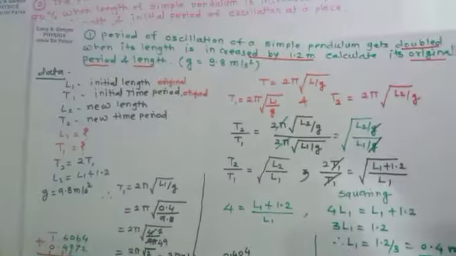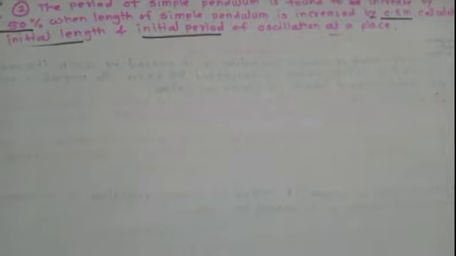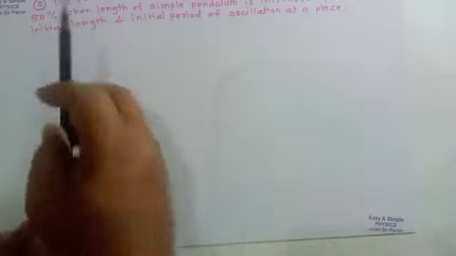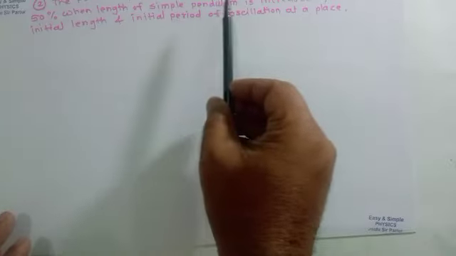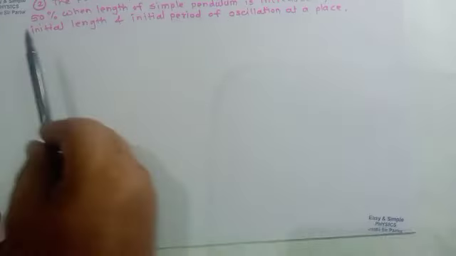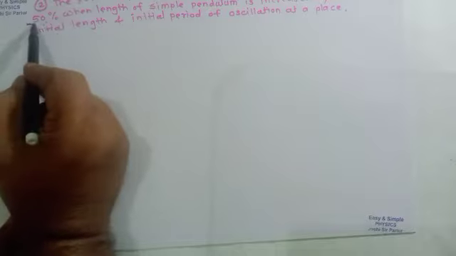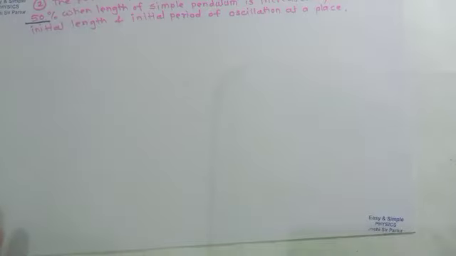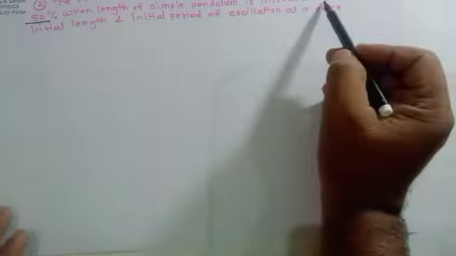Again we can solve another example. The period of a simple pendulum is found to increase by 50% when the length of the simple pendulum is increased by 0.6 meter.